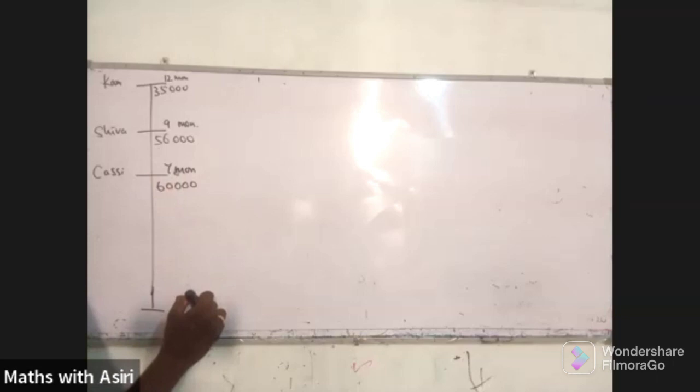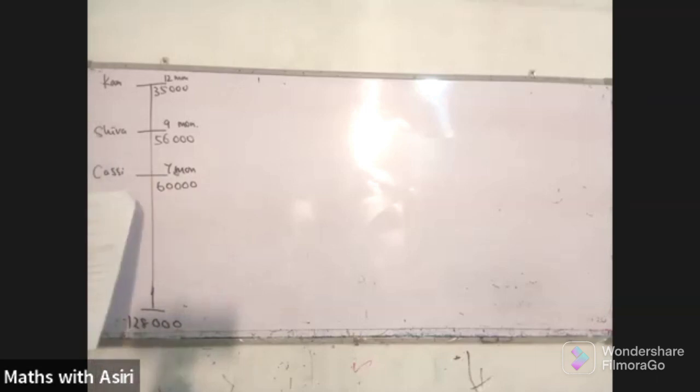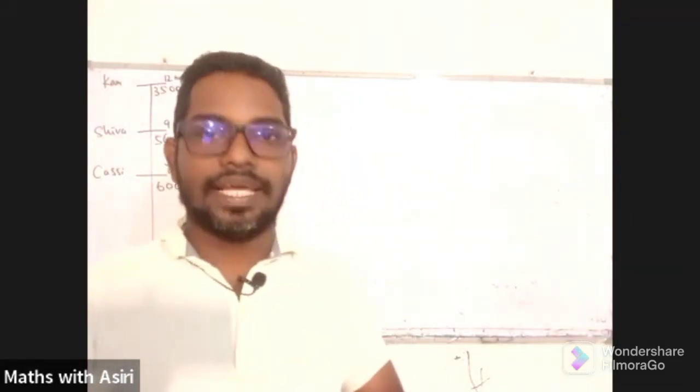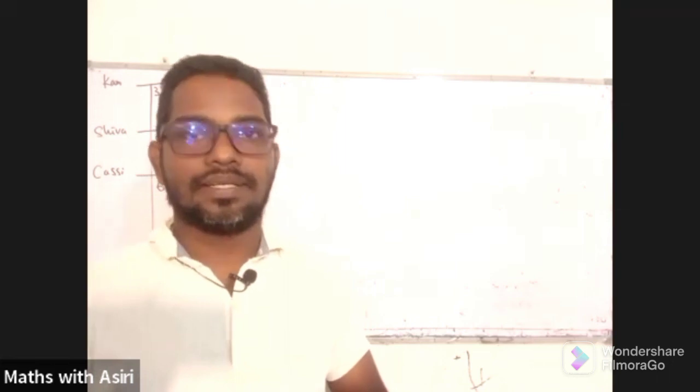Their profit after 1 year was 128,000. They decided to share the profit according to the time and the investment, that is, the money they invested and the time.